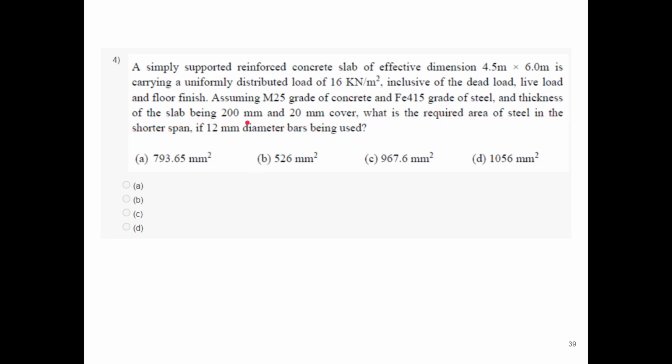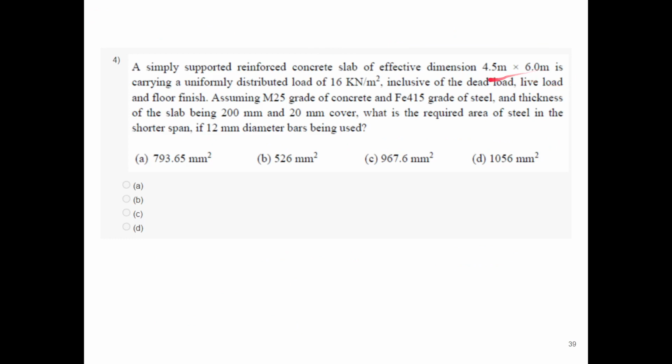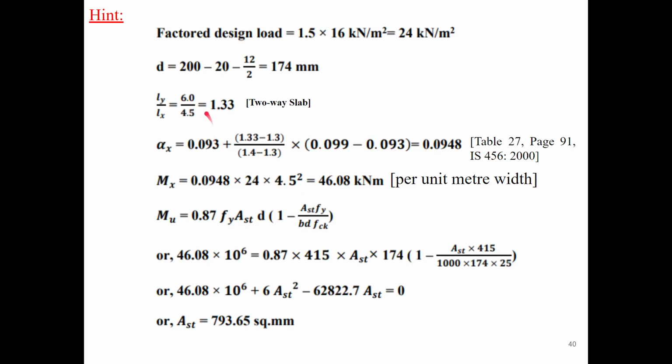Thickness is 200, clear cover is 20, and in the shorter span we are providing the reinforcement first, so that will be the bottom reinforcement itself. So effective depth will be 200 minus 20 minus 12 by 2, that is 180 minus 6, or 174 mm.